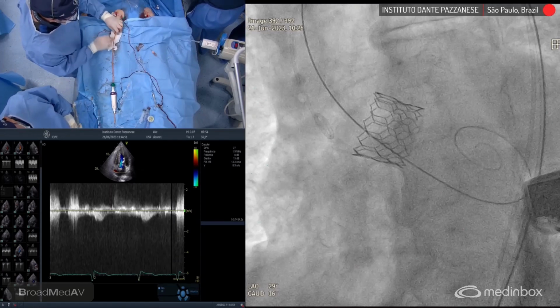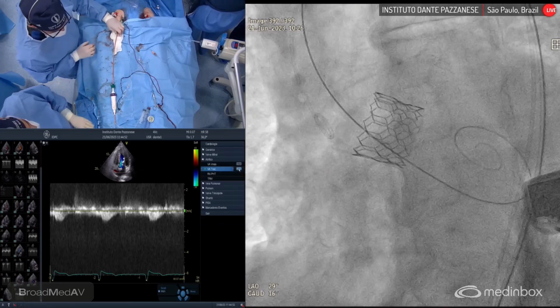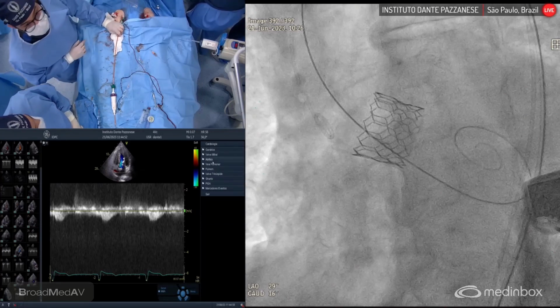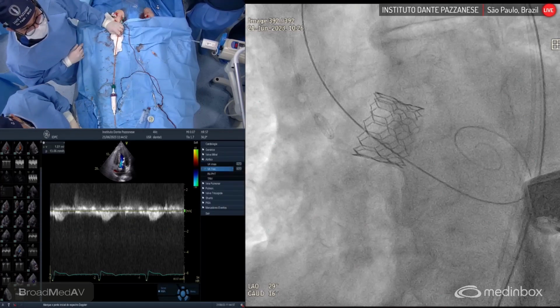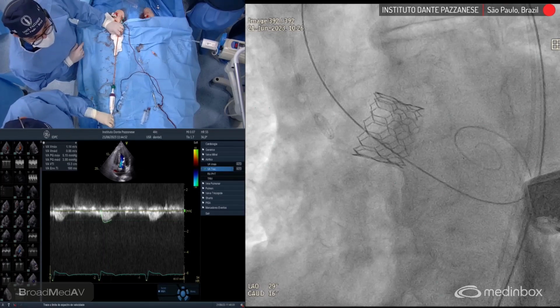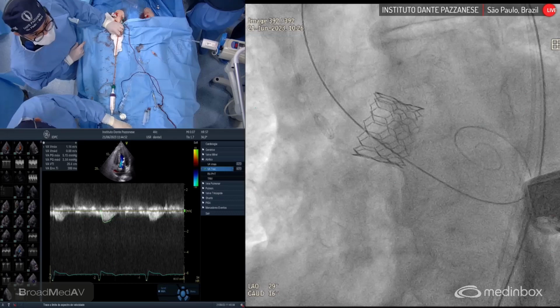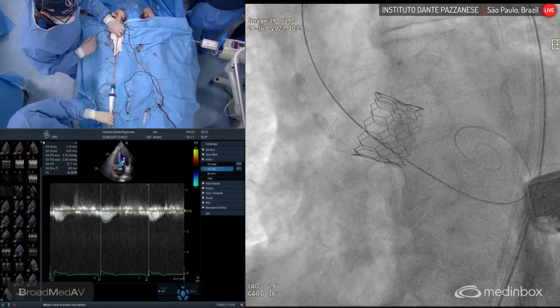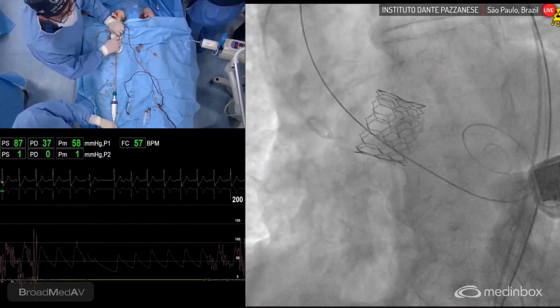Well, let's just wait a little bit. The patient's coughing, but it's right here. Okay. While we are trying to calculate the gradient, could you go back to the hemodynamics image, please, just to show the blood pressure has recovered.